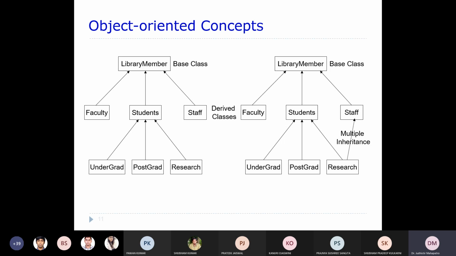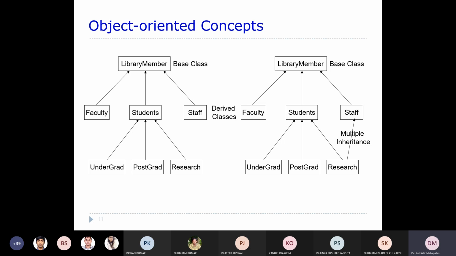On the left side diagram, let's say there is a library member, which is a base class. Faculty can be a library member, student can be a library member, staff can be a library member. So your base class is library member, and these are the derived classes.